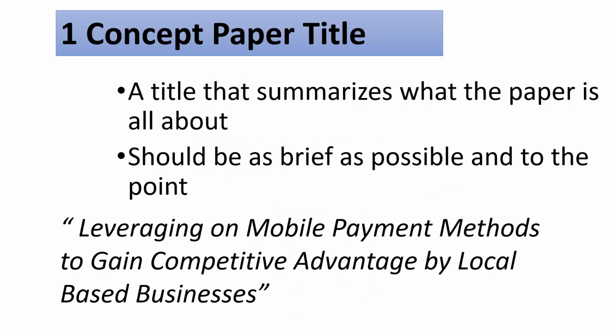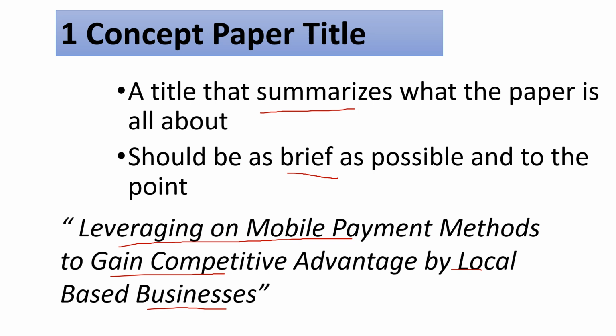Okay. For your concept paper title, it's very important that the title summarizes what the paper is all about. It's just like your research. What is it all about? It should be as brief as possible and to the point. For example, you have "Leveraging on Mobile Payment Methods to Gain Competitive Advantage by Local Based Businesses."